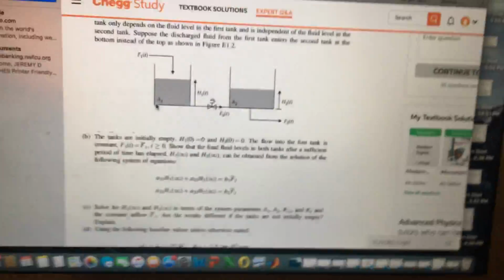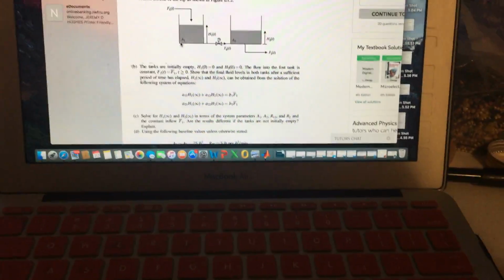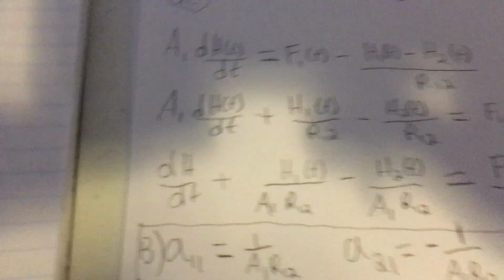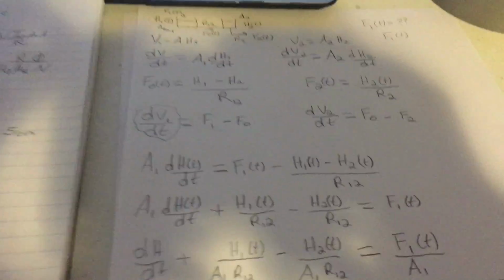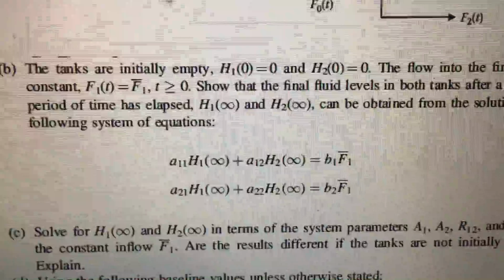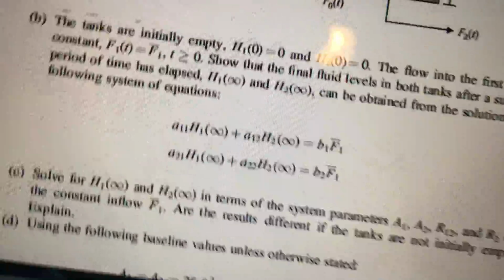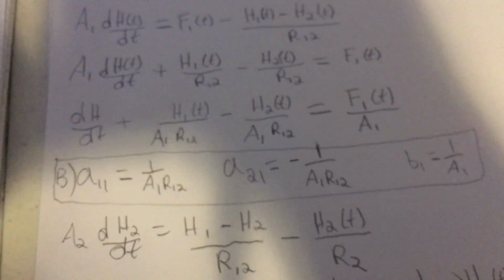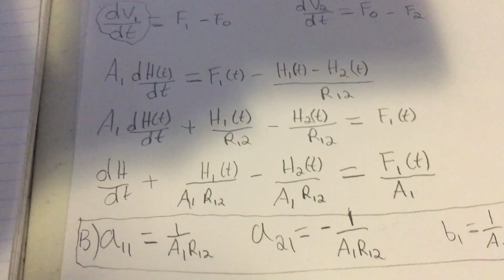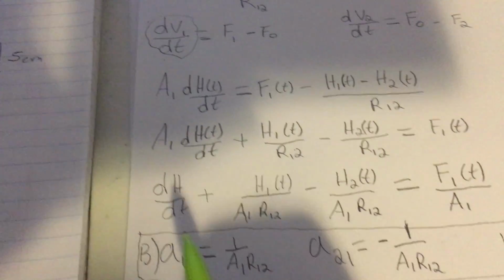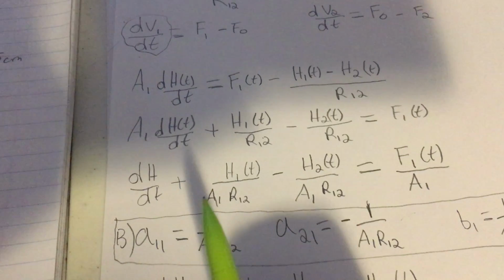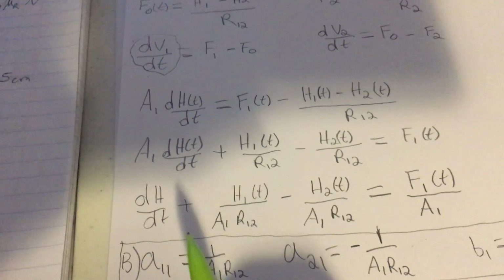And now, let me show you a helpful key on how that transpires, how we get exactly to that point right there. A11, H1 of infinity plus A12. Okay, so if you remember in class, when you do the limit as something approaches infinity, the rate of change is no longer happening.